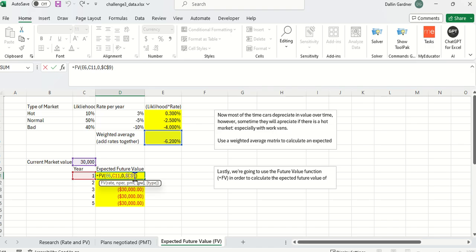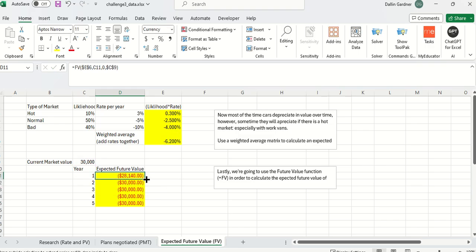Oh, I locked the wrong thing in here. Let's try this again. So we need to lock that in. There we go. That's what it's going to be.